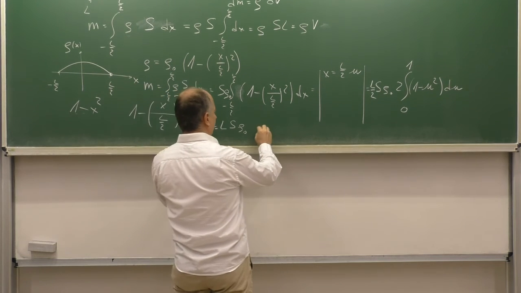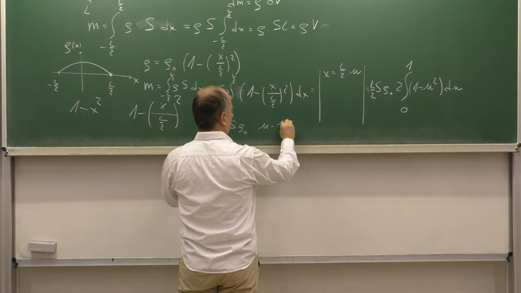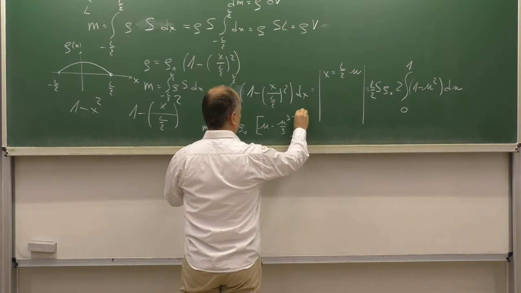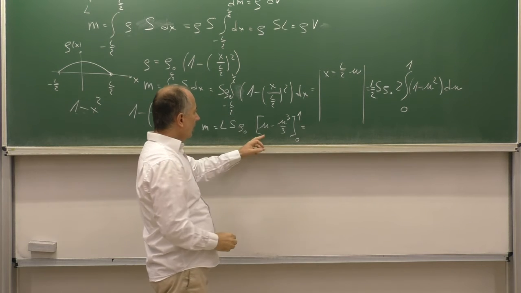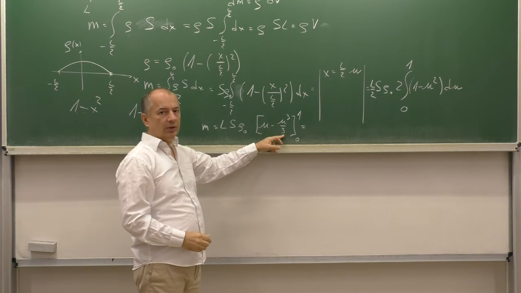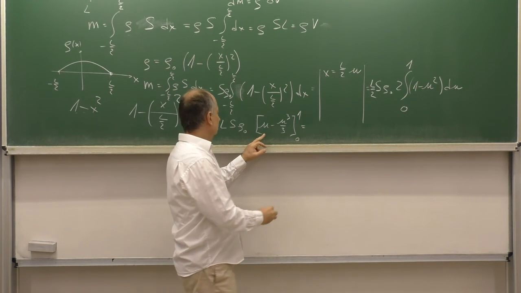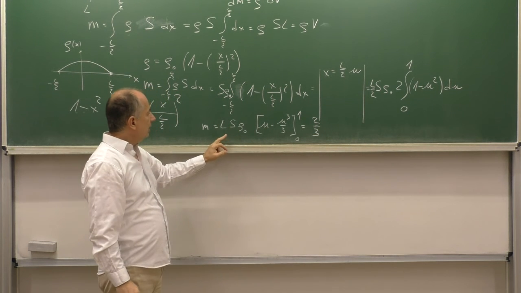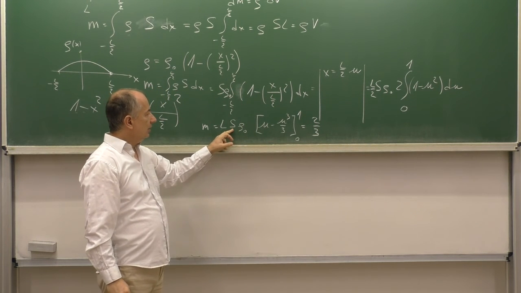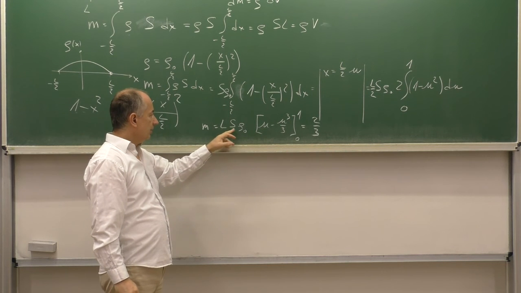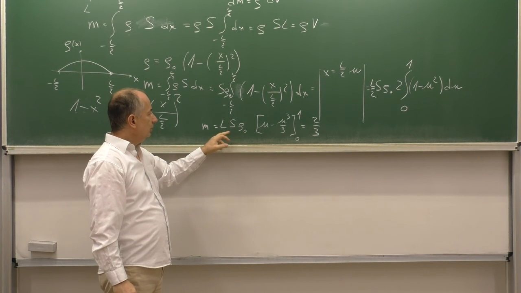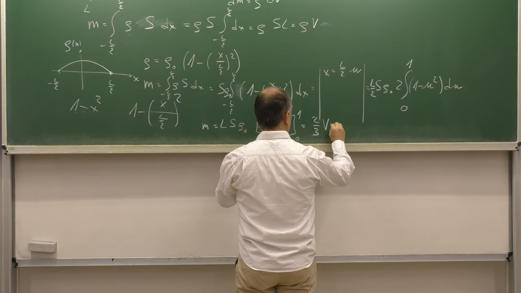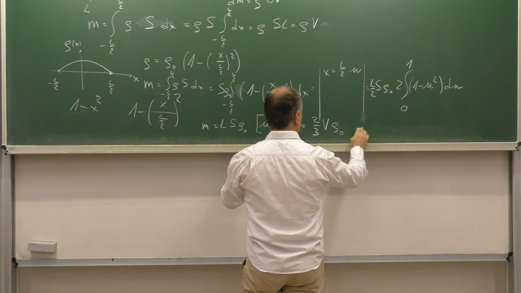And the antiderivative is u minus u cubed over 3, from 0 to 1, which is 1 minus 1/3, which is 2/3. And we have 2/3. And now S, the area of the side, times the length is the volume, and volume times rho 0 is the mass.